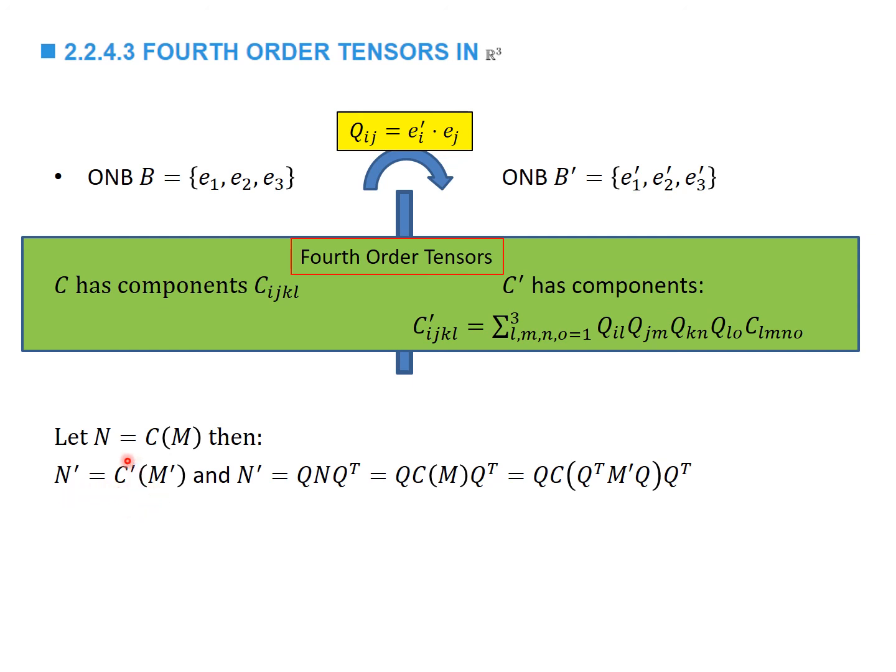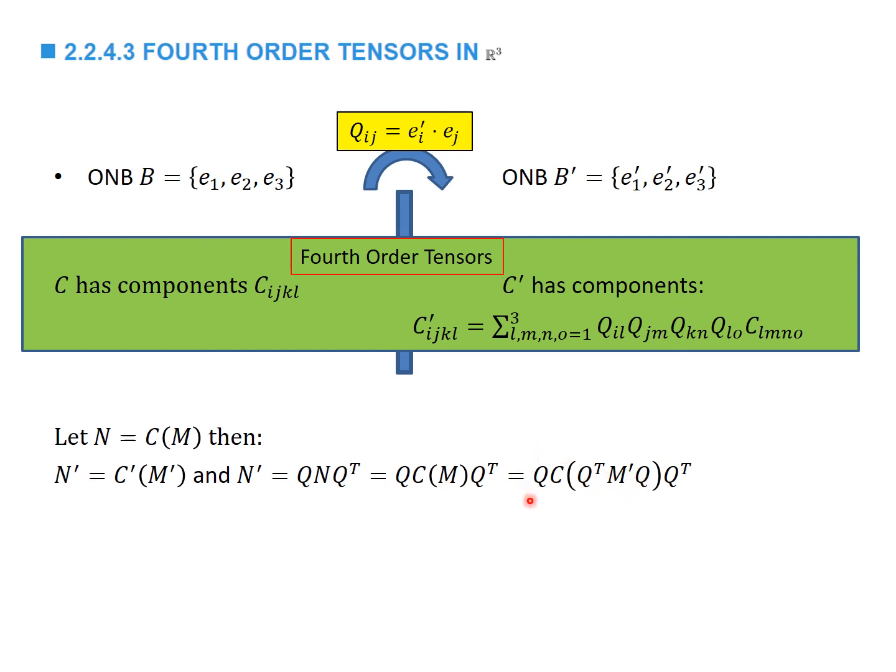We are looking to find the relationship between C prime and C. To find it, we're going to first use the relationship between N prime and N. The relationship between N prime and N is given by Q and Q transpose. And N is equal to C applied to M. And because M prime appears here, I'm going to replace M with M prime. So instead of M, I'm going to apply Q transpose M prime Q.